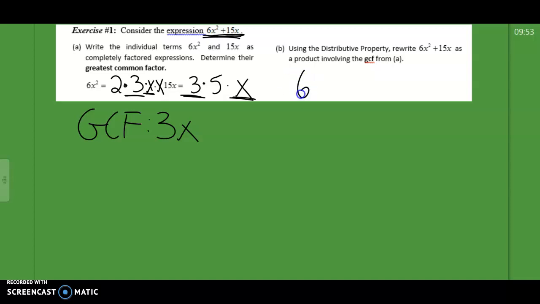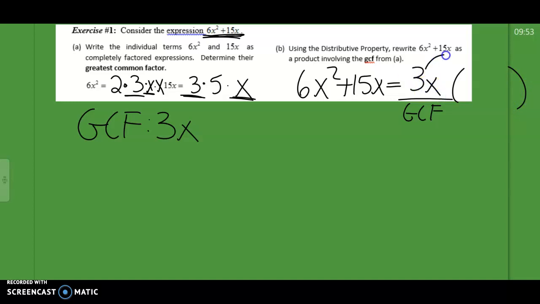And so this was the answer you got after you distributed. So I put a line here, I labeled it the GCF, and then I set up parentheses, because that's what the distribution property looks like. Now the 3x is what we distributed in, because that's what it had in common. That's why both of those had it.